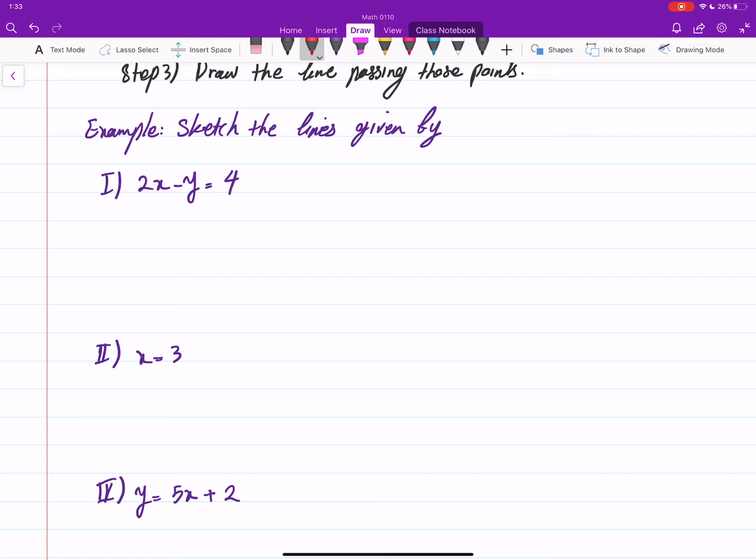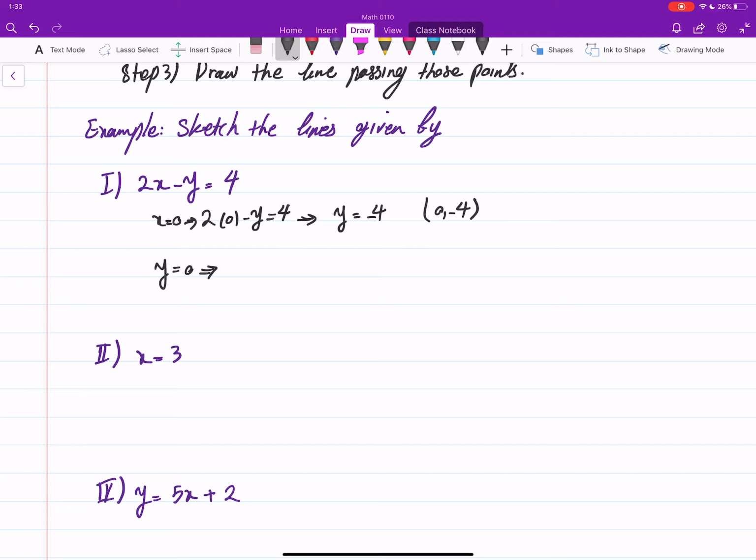We'll plug in, for example, x equal to 0. We already did this. 2 times 0 minus y is equal to 4. As a result, y is negative 4. So one point is (0, negative 4). And then, these are the easy points if you can.